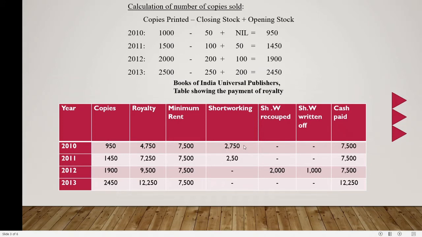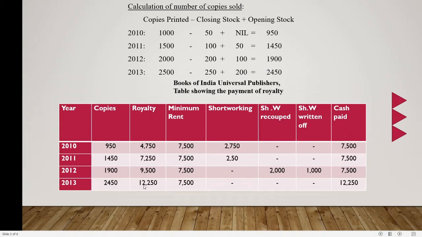Out of 3000 short working, 2000 short working recouped, so short working returned is 1000. Cash paid 7500, that is 9500 minus 2000 short working recouped, total cash paid 7500.